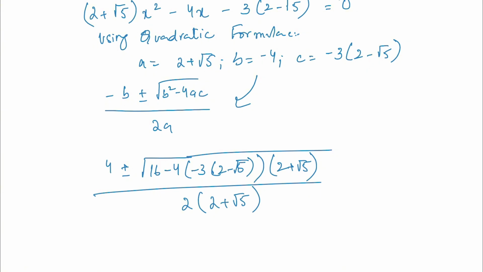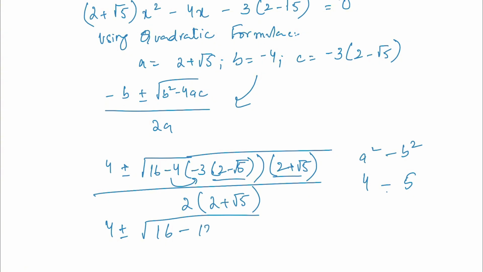Now moving on, we can apply a squared minus b squared over here. So 2 squared is 4, and root 5 whole squared is 5, so this would be negative 5. We get 16, minus 4 times negative 3 would be positive 3, and then this one would be multiplied. So this would be negative 12, over 2 multiplied by (2 plus root 5).